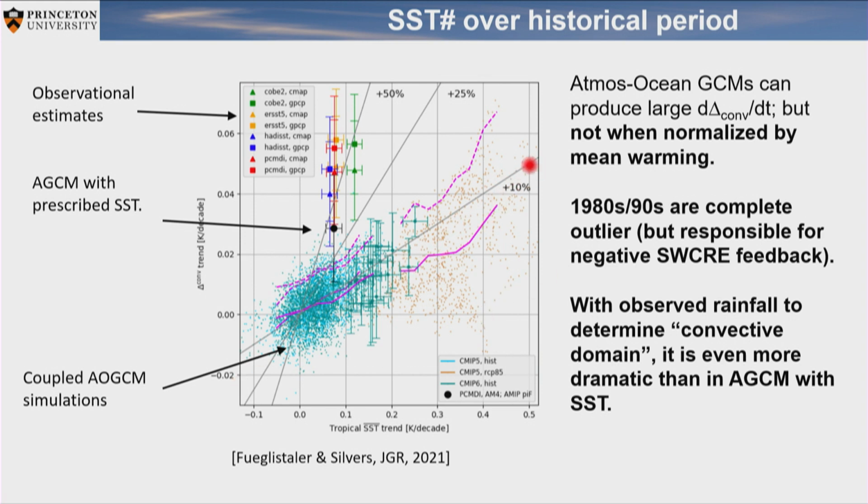And what you see, there is a general correlation of about 10%. So meaning a coupled model gives you a little bit of an amplification of the unevenness of sea surface temperature. But it's relatively modest compared to what you get when you use an AGCM with prescribed sea surface temperatures over the last 40 years.